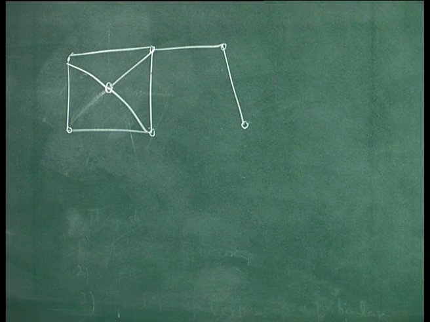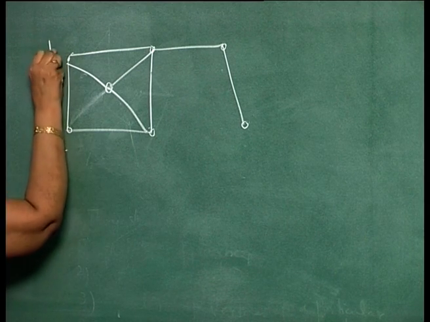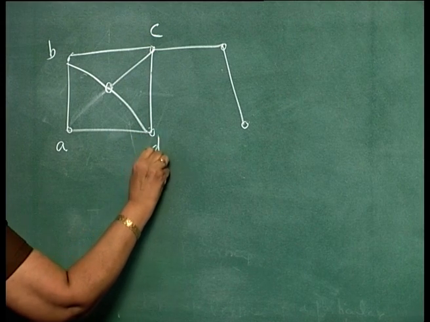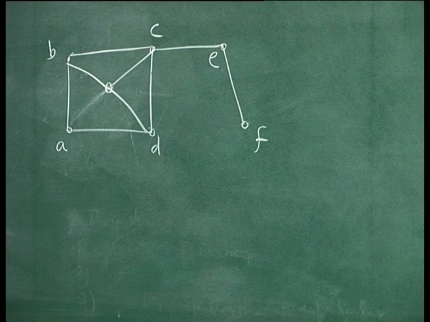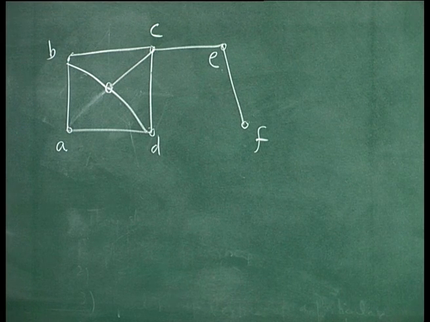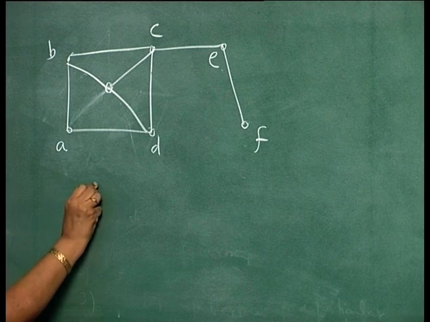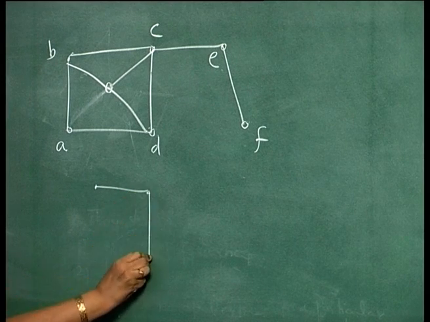Consider this graph with vertices A, B, C, D, E, F. Now, this is a subgraph of that.